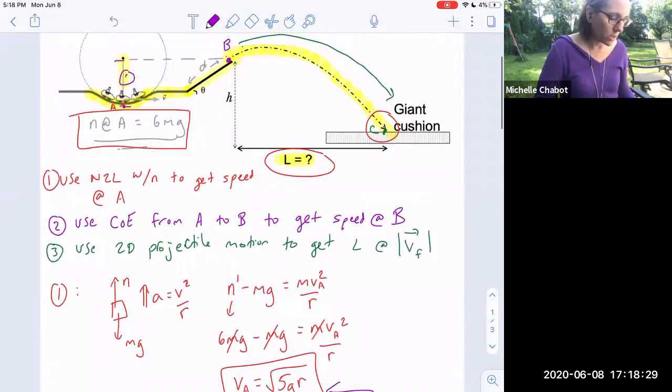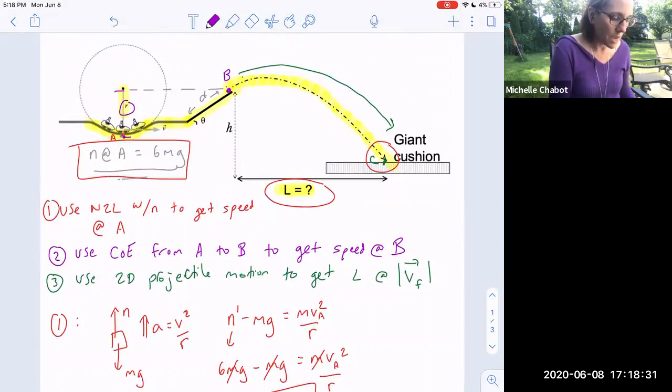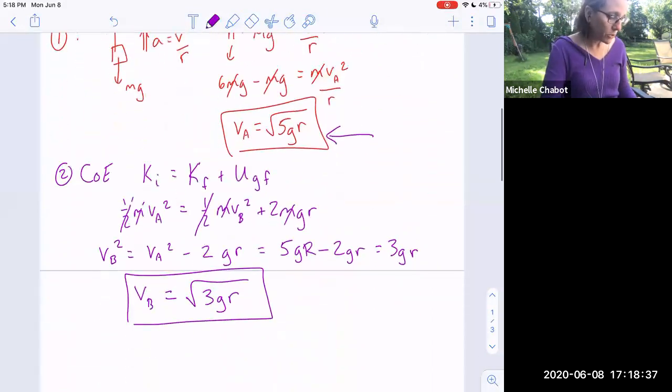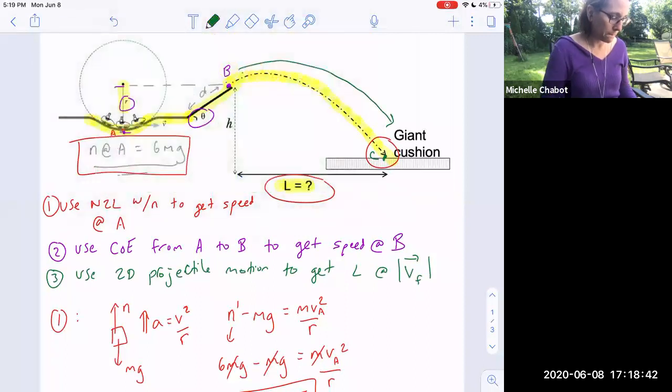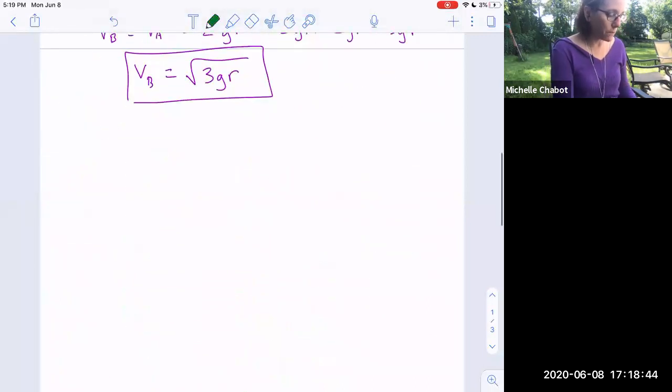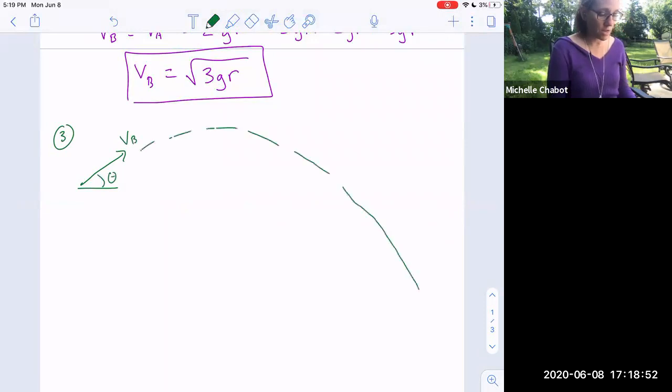So now I know the speed at point B, and I'm given the angle at which it's launched. Now I can move on to my 2D projectile motion. In this case, I like to draw my diagram. There's my speed, there's theta.